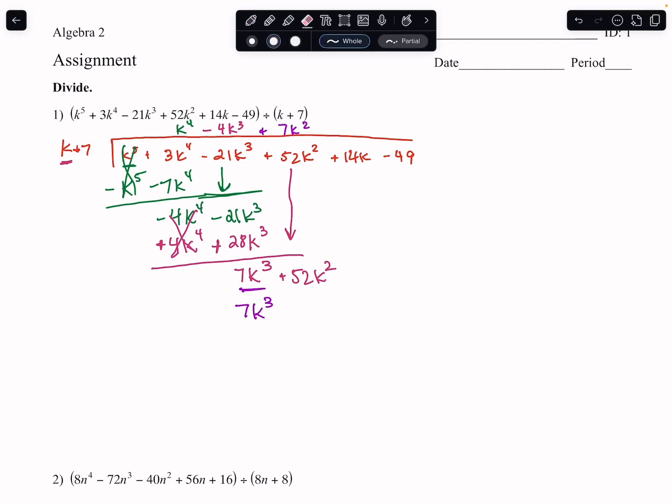Go through, change your signs. That'll cancel out. 52k squared minus 49k squared is 3k squared. This has to come straight down.